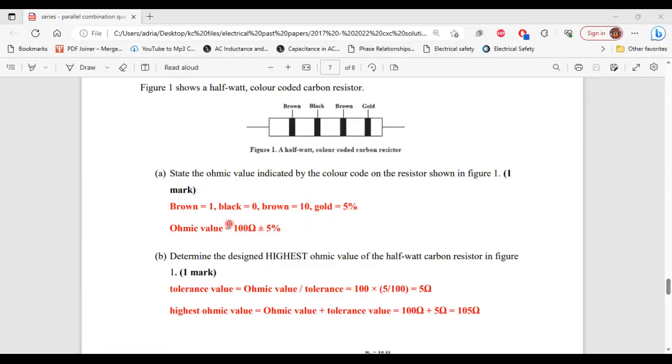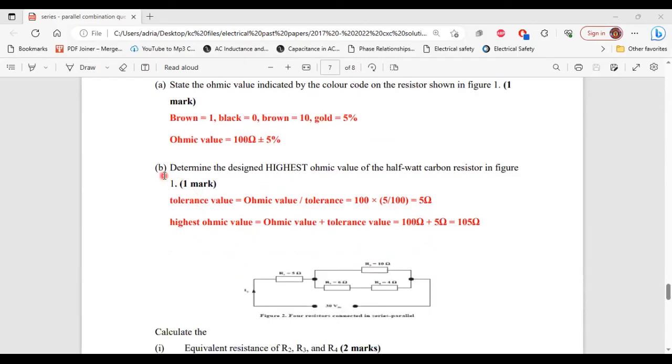We're going to put the first two digits together, and we get 10. So 10 multiplied by the multiplier, which is 10, will give us 100 ohm plus or minus 5%. So 100 ohm is the ohmic value. All right, so that's it for part A.